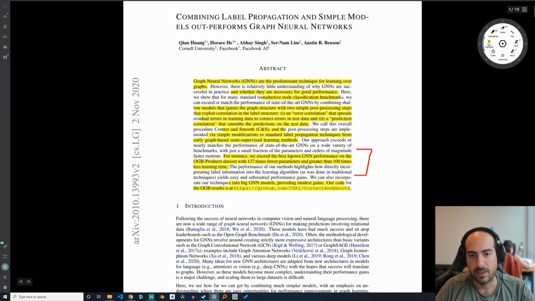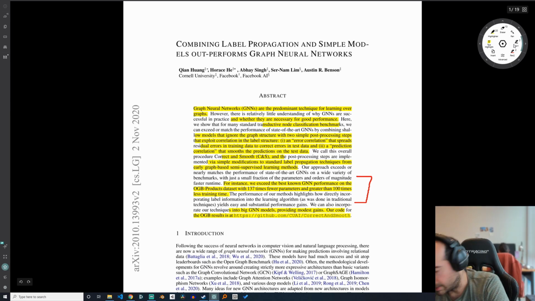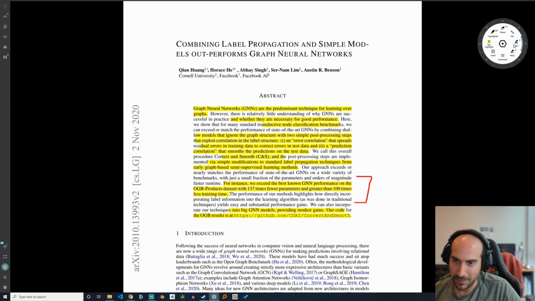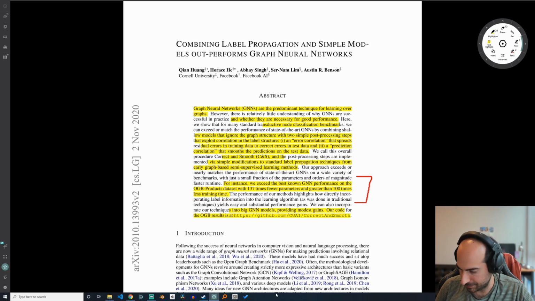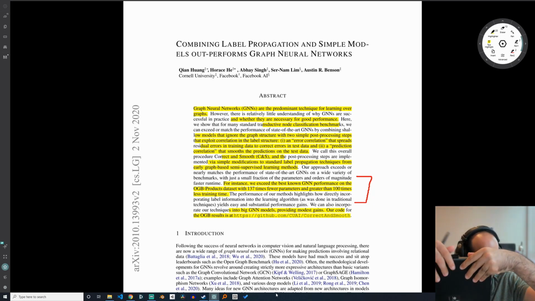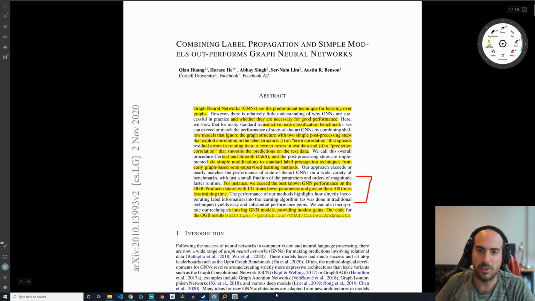Interesting. There's one thing I may have covered in an earlier stream, but let me just mention it. What was interesting about GNNs, there's a plot about this in the graph convolutional neural network paper.